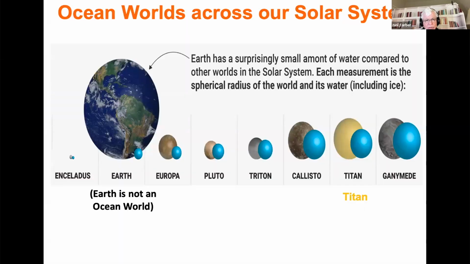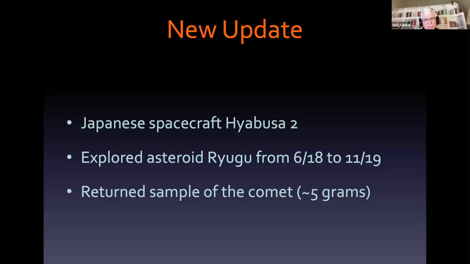But the conclusion is that there are lots of ocean worlds across our solar system, and several of them may harbor life. Next slide. Now you have to ask yourself, how in the world could the material get into the water with, yes, there's energy, but probably not enough energy to form these compounds.